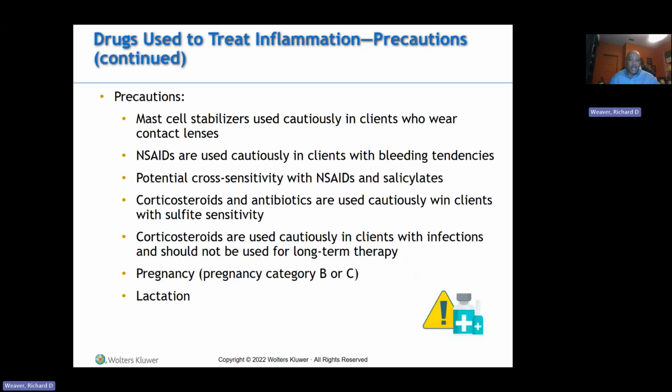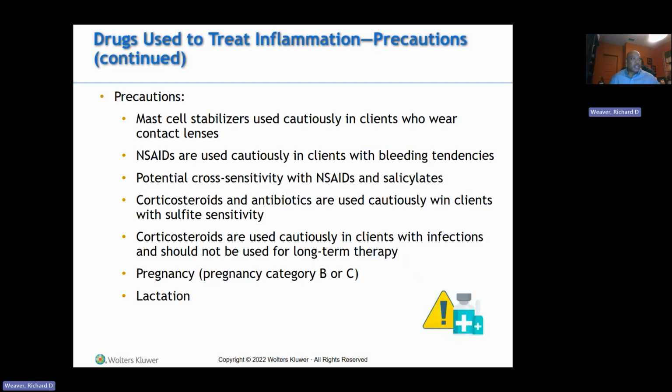Corticosteroids and antibiotics are used cautiously in clients with sulfite sensitivity because an allergic type reaction can occur. Now, the corticosteroid ophthalmic preparations are also used cautiously in patients with infectious conditions of the eye. Remember, if somebody's taking corticosteroids, it tends to suppress the immune system.